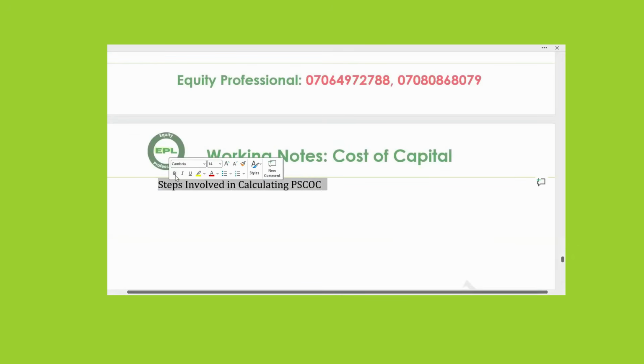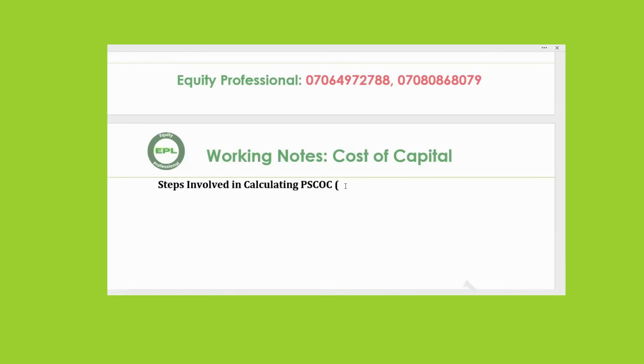Anytime you want to calculate project specific cost of capital, there are 5 steps you are supposed to carry out. The first step is to identify the proxy beta. Step 2, you ungear the beta if it is geared. Then step 3, you regear to incorporate the financial risk of the main company. Then step 4, you calculate cost of equity using the capital asset pricing model. Then finally, step 5, you calculate project specific WACC.